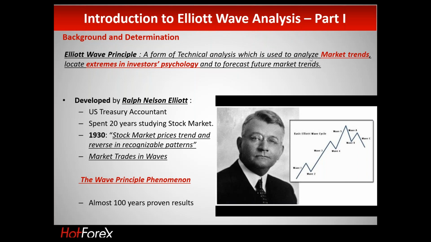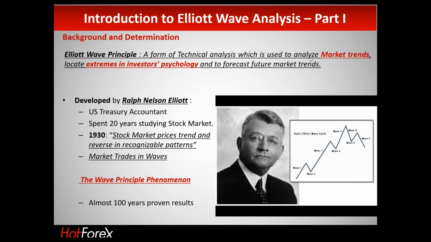So back in 1930, Elliott actually believed that the markets are not random or chaotic, they are actually predictable. He discovered that the stock market trends and reversals follow recognizable patterns. He believed that the market repeats itself.